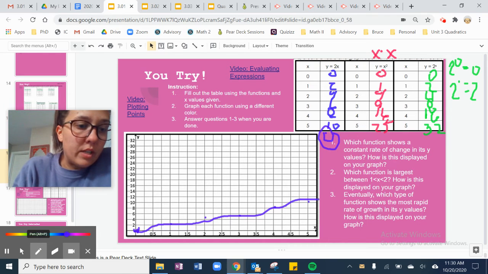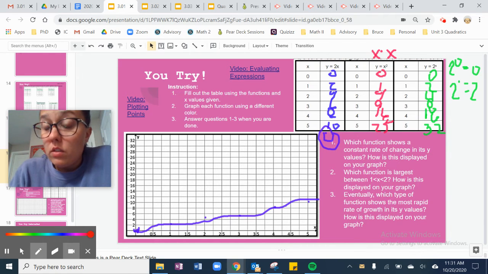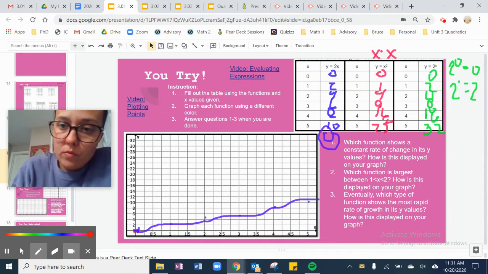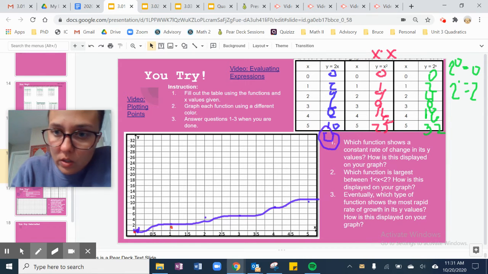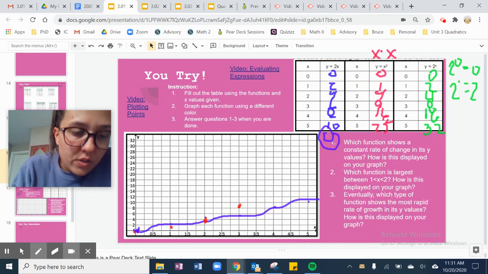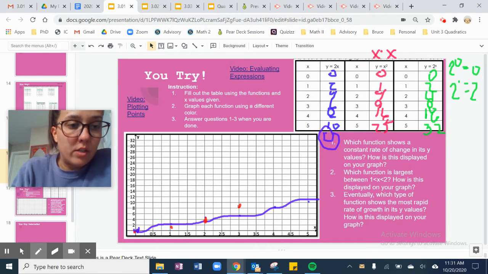Now I'm going to graph my quadratic. So we have 0, 0, 1, 1, 2, 4, 3, 9. Notice how for the odd numbers on the y-axis, you're going to have to go in between the numbers, right? Because 2, 4, 6, 8, it's counting by 2s.